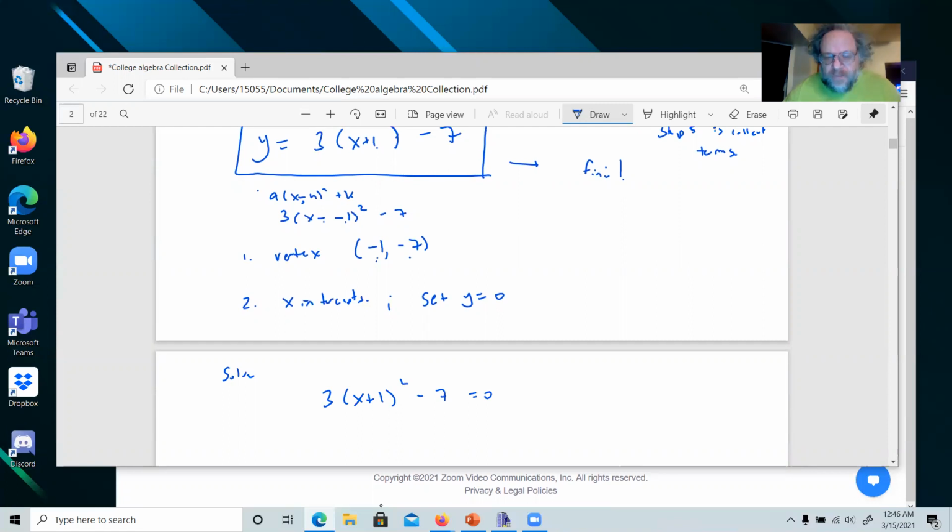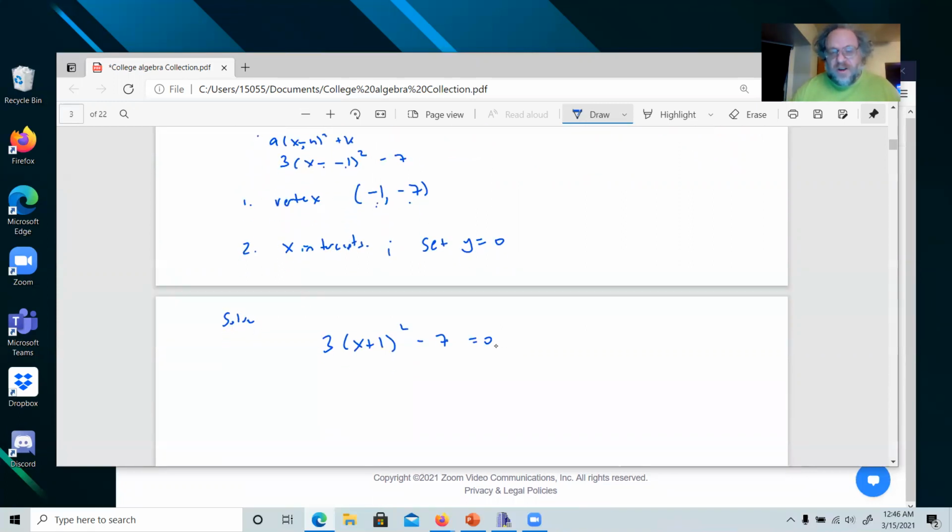Now, this is college algebra, and I know that it's a combo class with intermediate algebra. Here's your combo part. We're going to use something called the square root principle, which means we're going to take the square root of both sides when we're ready. So we have 3(x plus 1) squared equal to 7. We just add the 7 to both sides.